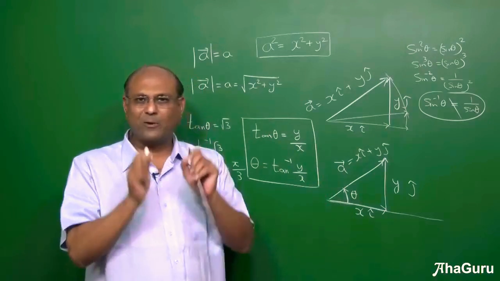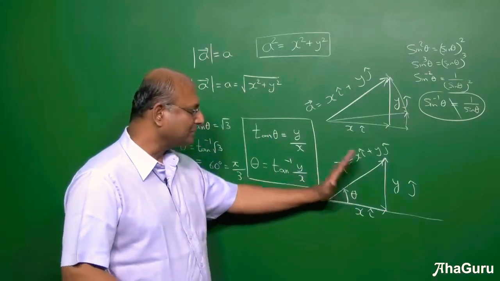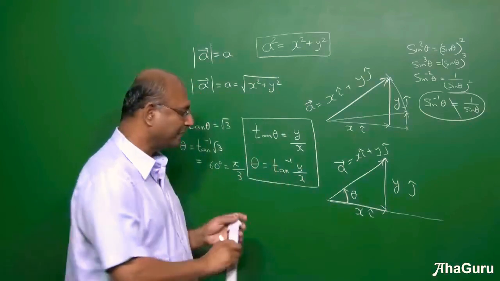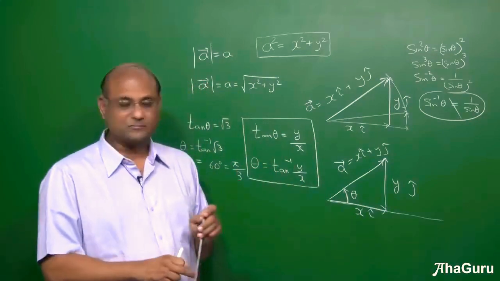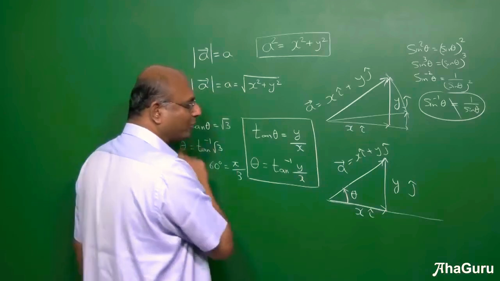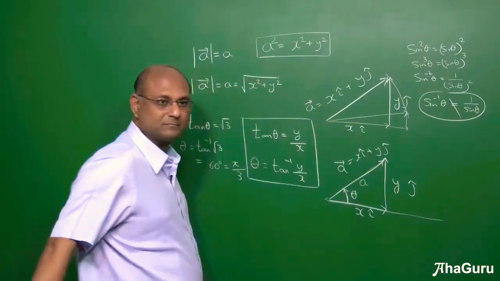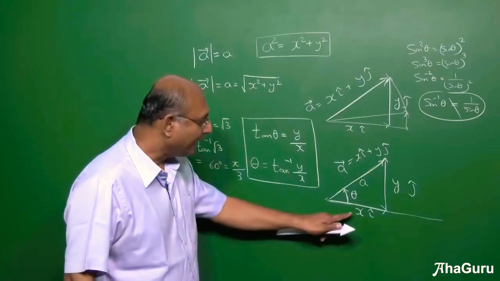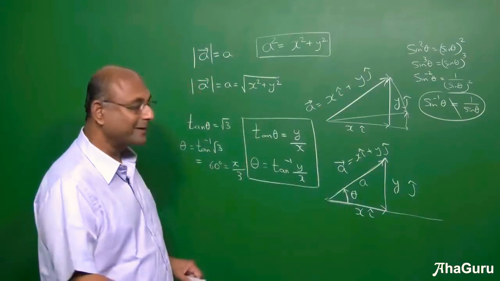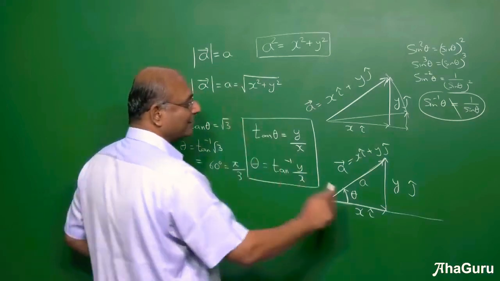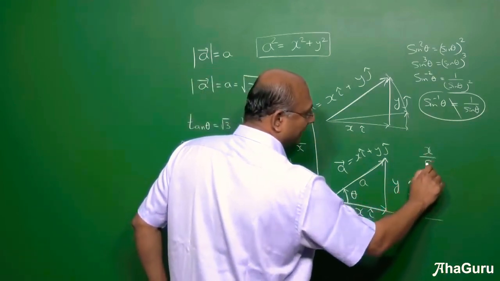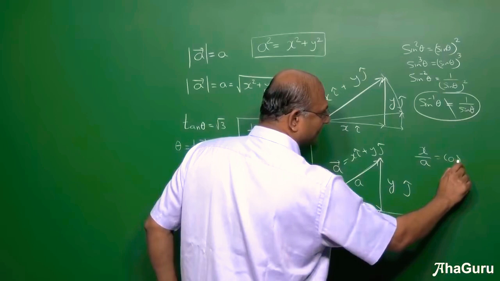Now there are some small points that we need to worry about a little later, because the angle could be this way. The vector could have components in that direction. Okay. Now let us also do a few more things. Now this length is a. X by a. What is x by a? Cos theta. X by a is cos theta.